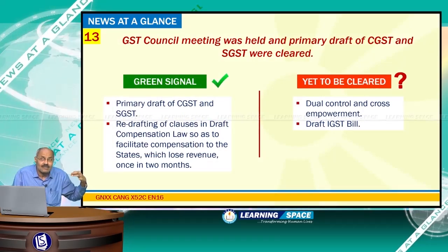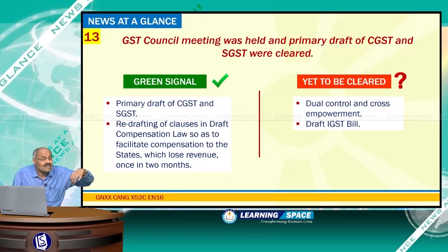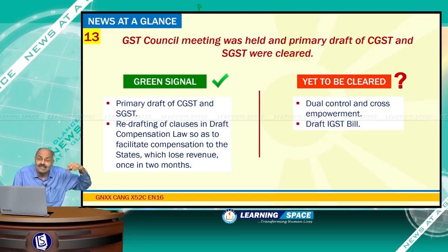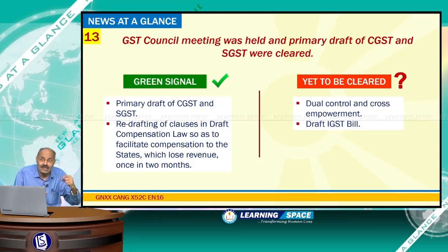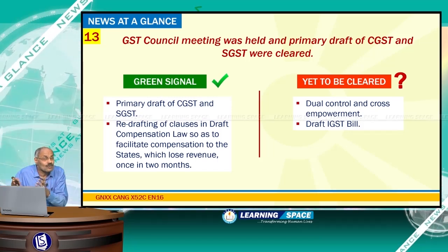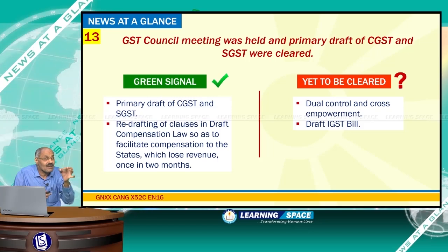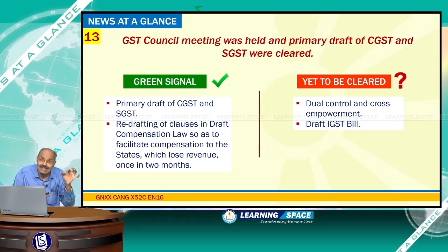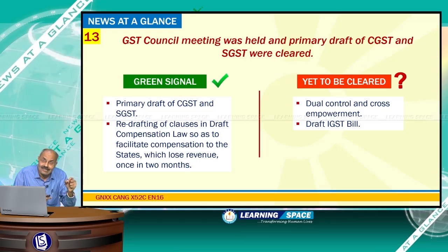GST Council meeting was held and a primary draft for CGST, that is a central GST as well as a state GST, were cleared. But there are some points which are yet to be cleared. I have given what are the points cleared. Primary draft of CGST and SGST were cleared, central GST and state GST.